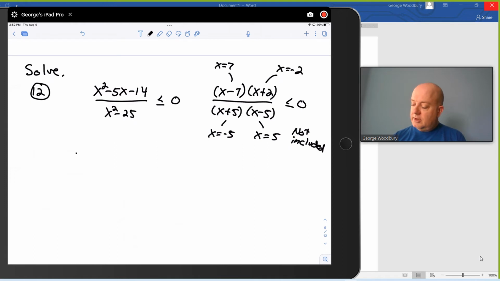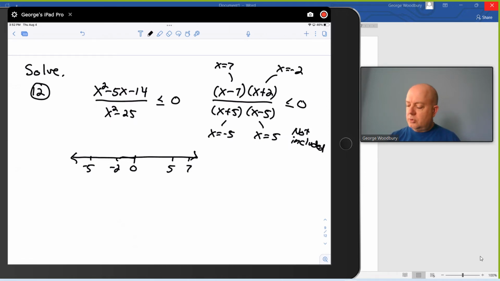So let's take a look at the number line here. 0 in the middle. My positive critical values are 5 and 7. My negative critical values are negative 2 and negative 5. And one thing that I like to do, even though I'm not going to use them in my final result, is I'm going to put open circles where the ones from the denominator are.